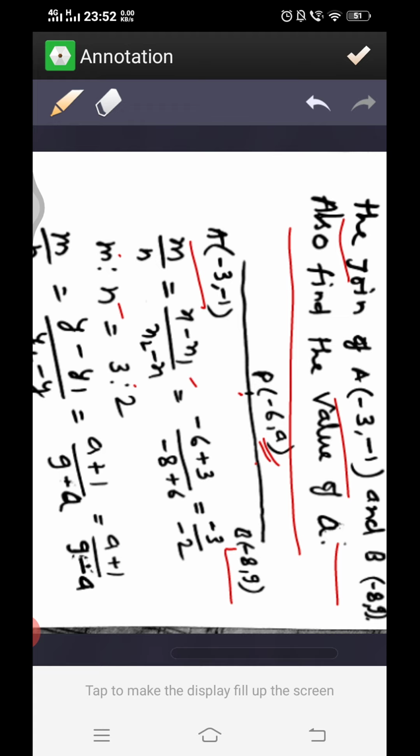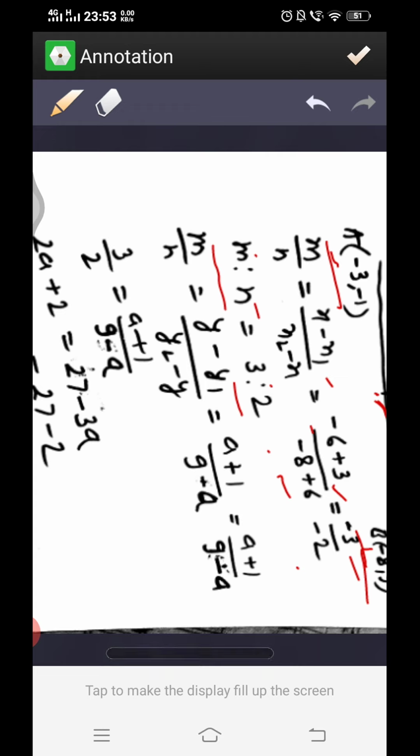So x minus x1, x equal to minus 6. Minus x1 means minus 3, that will become plus 3. x2, that is minus 8, and minus x, that is minus 6, so it will become plus 6. Here left minus 3 by minus 2, both minus signs cancel. So we get m is to n equal to 3 is to 2.